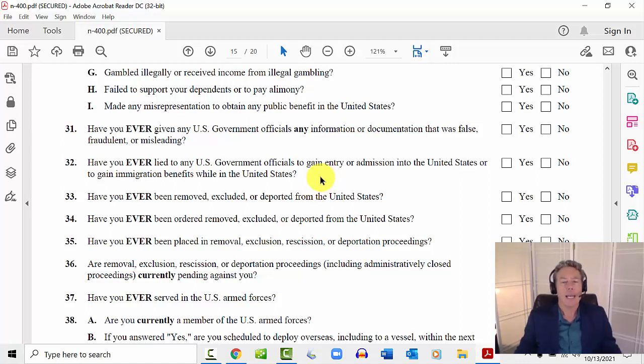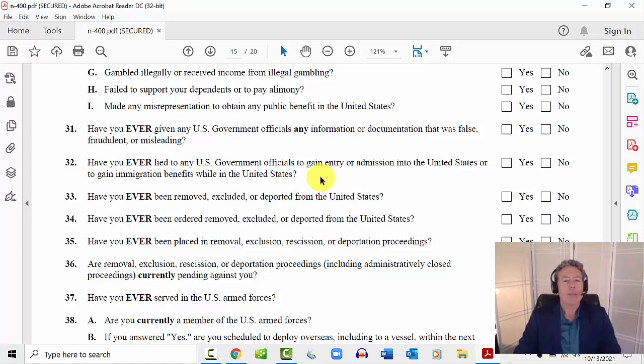Yeah, lying to U.S. government officials to gain entry or immigration benefits is a big no-no, and a lot of times people will sneak in and they'll get the fake Social Security card. They might even get a fake green card, right? But you're not necessarily lying to a U.S. government official, especially if you're just filling out a work document.